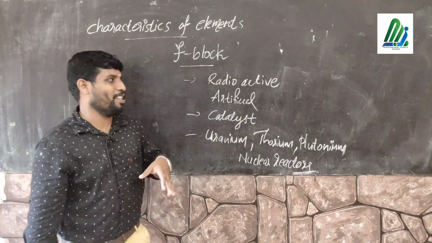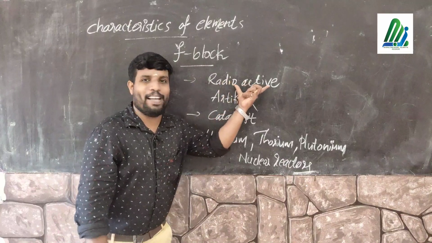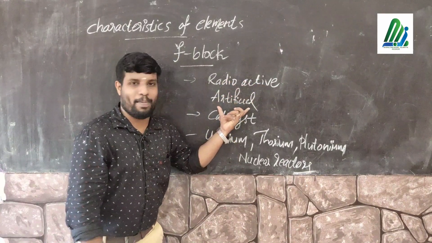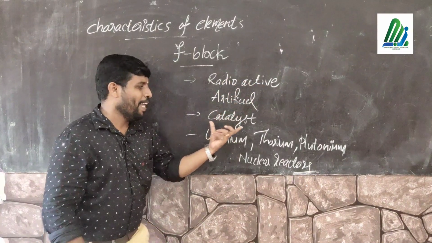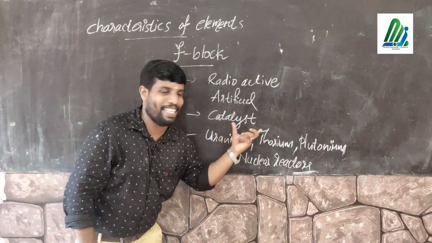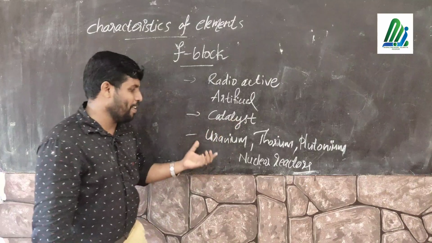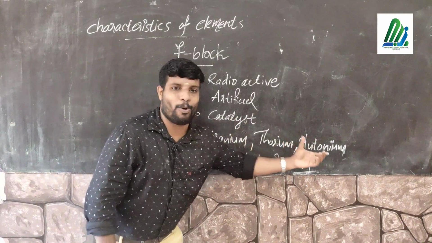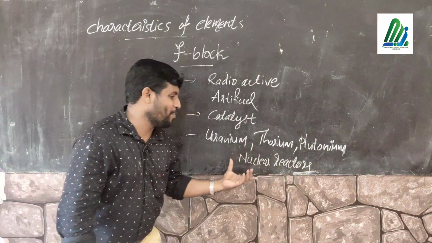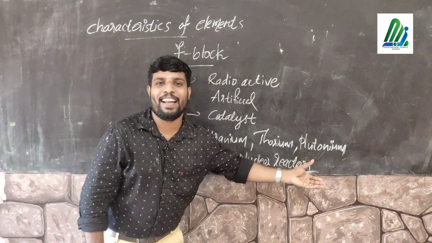So what are the characteristics of F block elements? They are radioactive in nature. Actinoids are artificial elements. They are used as catalysts in the petroleum industry. And uranium, thorium, plutonium, etc. are used as fuels in nuclear reactors.